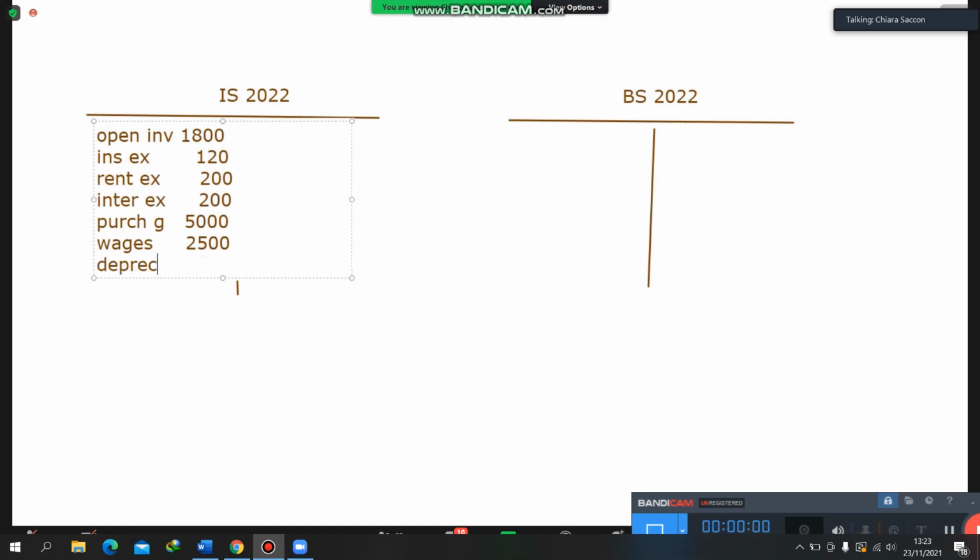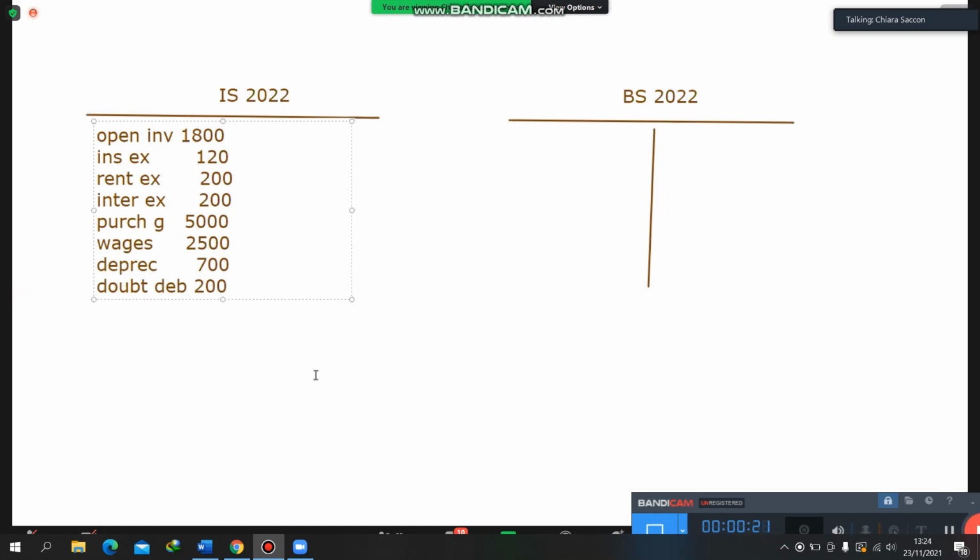Amortization or depreciation 700. Then doubtful debt or expected losses, we said it is 200.